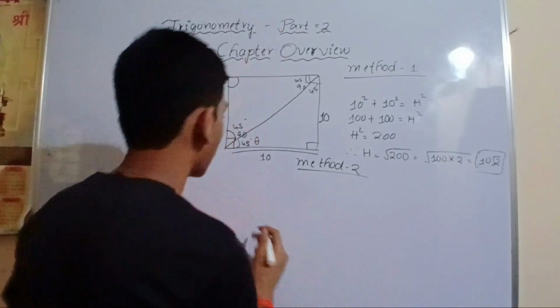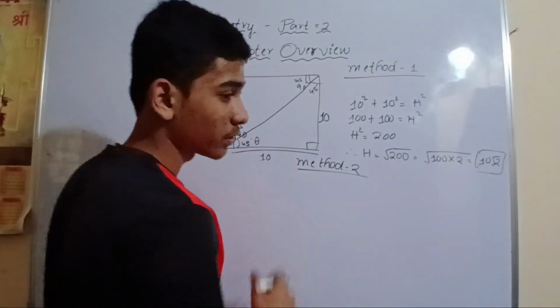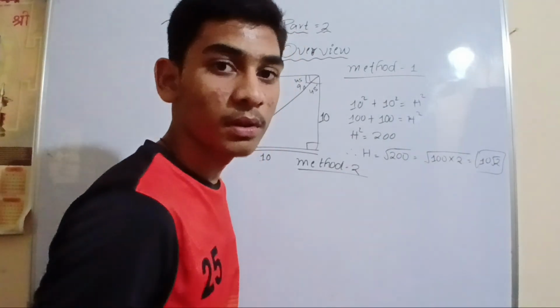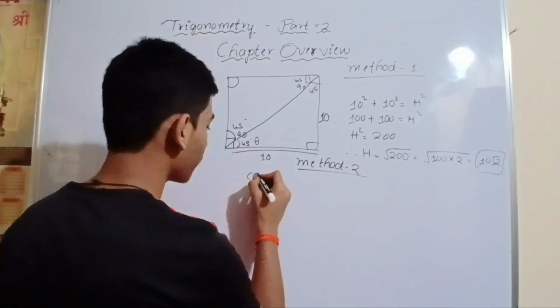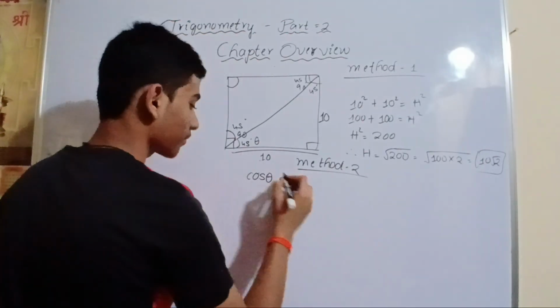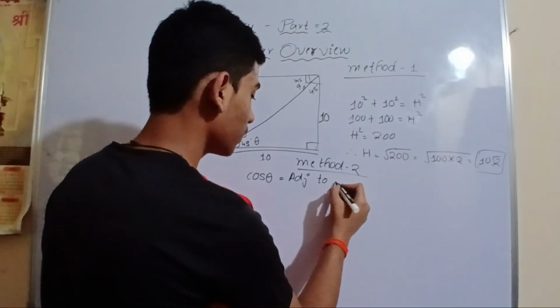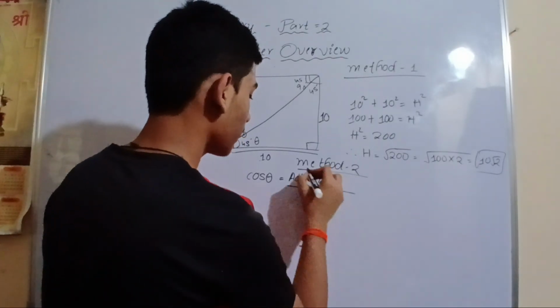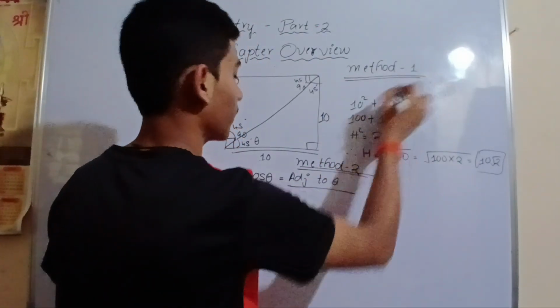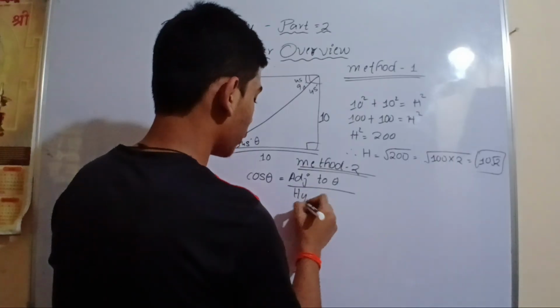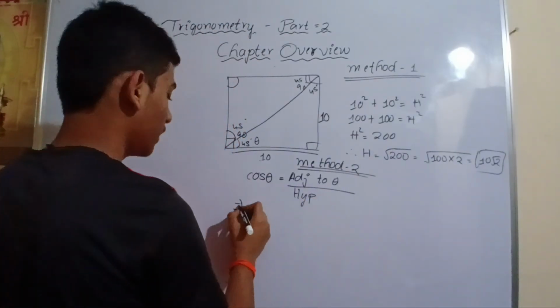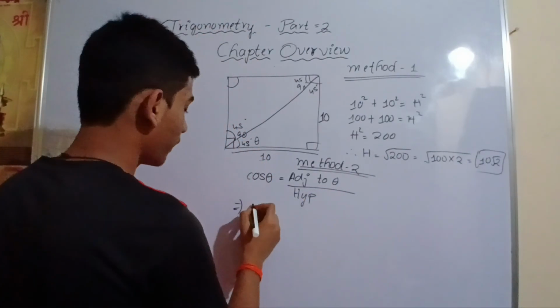Let's use adjacent by hypotenuse. Which ratio? Cos theta. Cos theta equals adjacent to theta by the hypotenuse. In here the theta is 45 degrees.